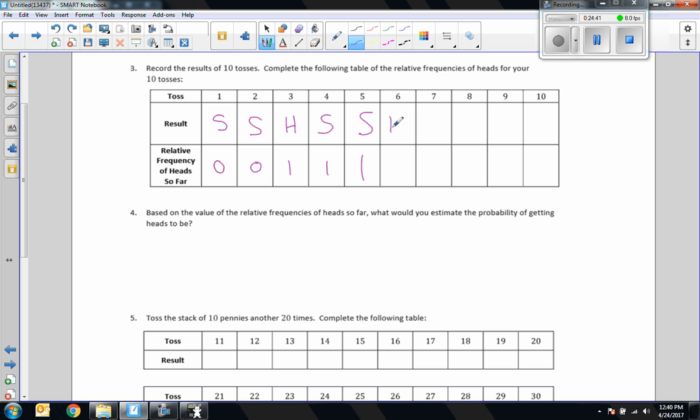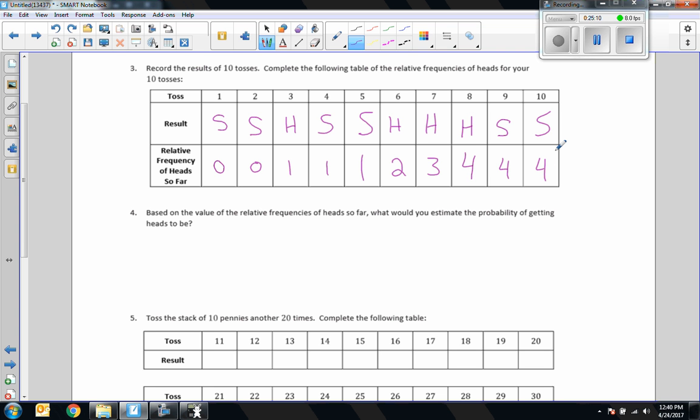Heads, 2. Heads, 3. Heads, 4. Side, still 4, and last time on its side. So 4 times out of 10 it landed on heads.